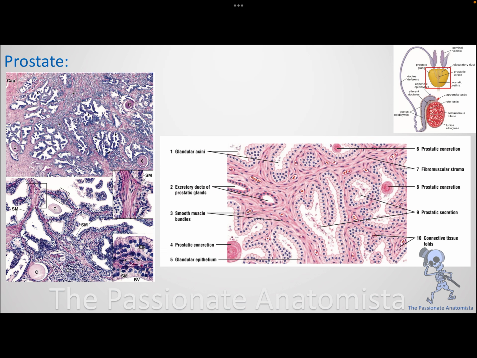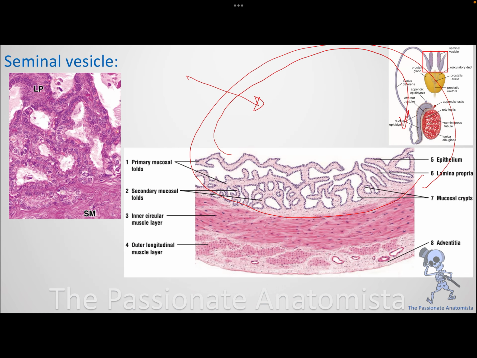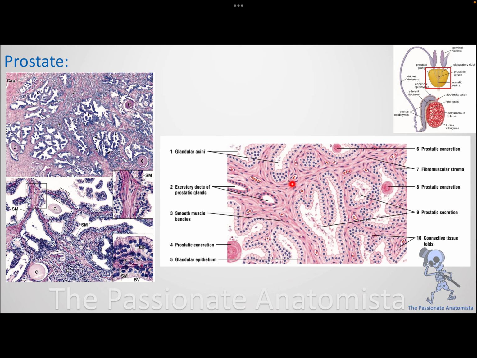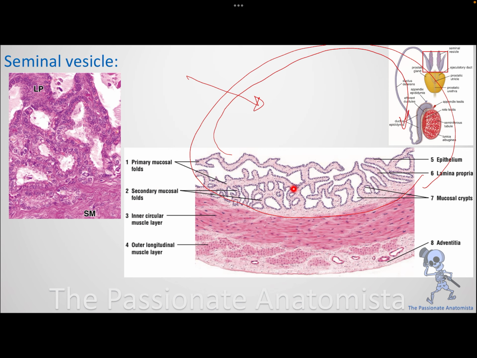But if you look at the prostate, you're gonna see that there is the pink and dots everywhere filling in between the cells. So it means that it's not highly folded. Yes, we have folds of mucosa, but it's not as folded as here. Okay, so here you have cores of fibromuscular stroma, you have the smooth muscles. Here we don't have smooth muscles in the core.